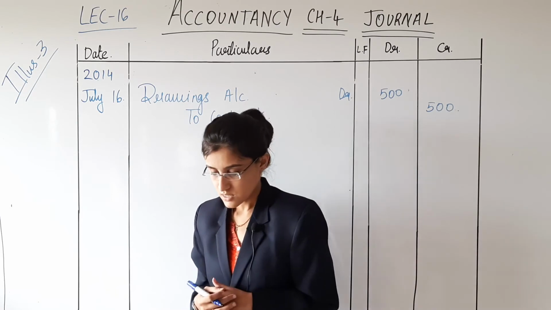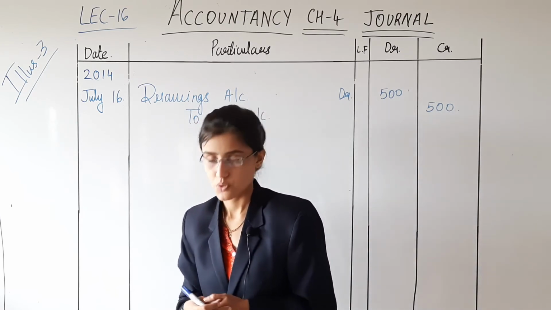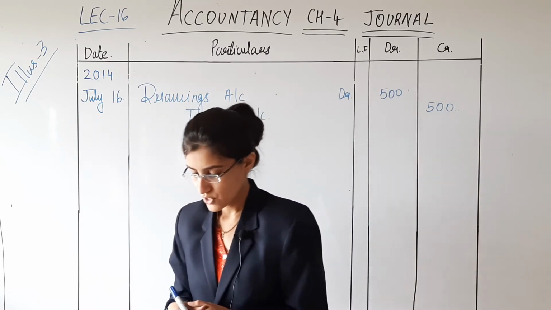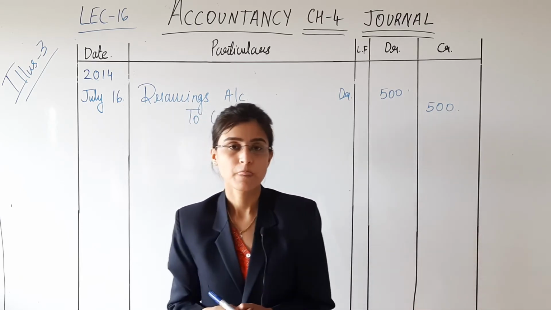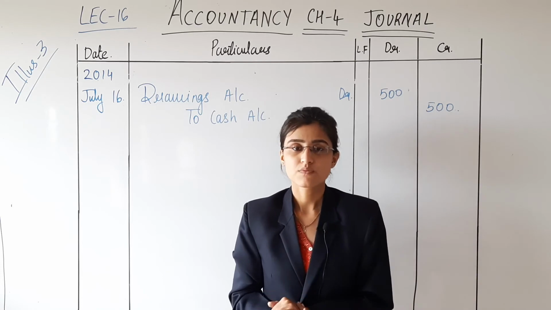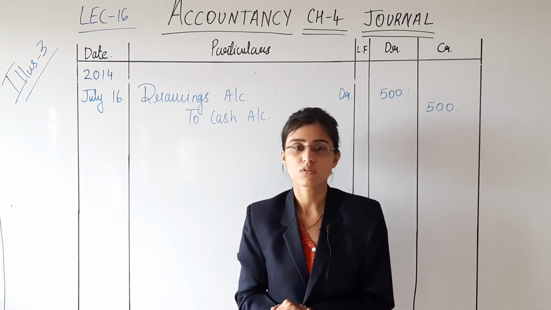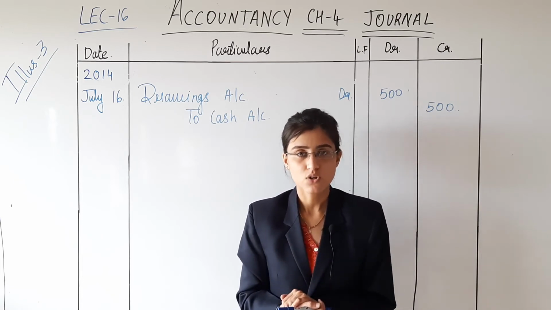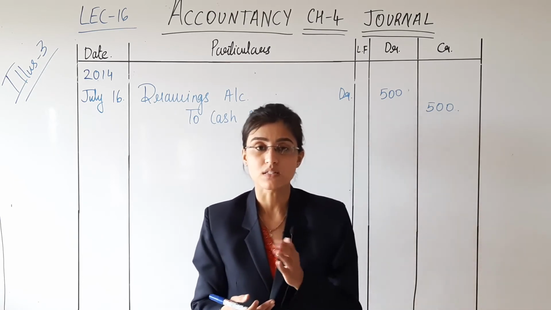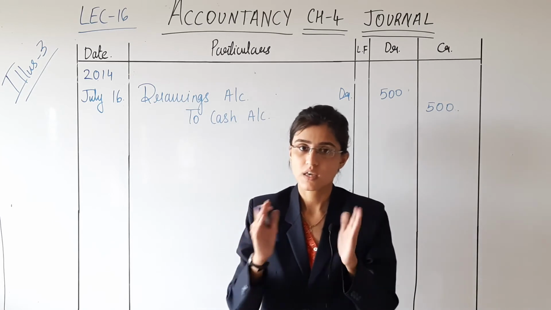Fine. Next transaction on 20th of July, withdrawn rupees 1000 from business for personal use. Owner has withdrawn rupees 1000 from business for personal use. Yes, this is again drawings, and what is withdrawn? Rupees, amount, money, cash.